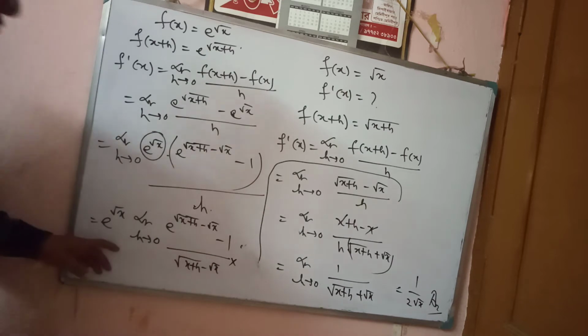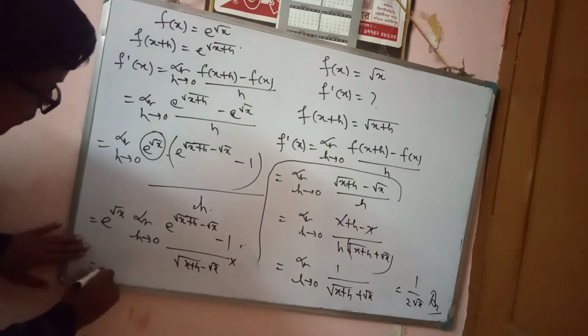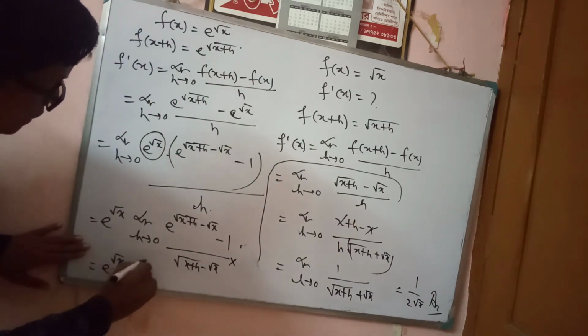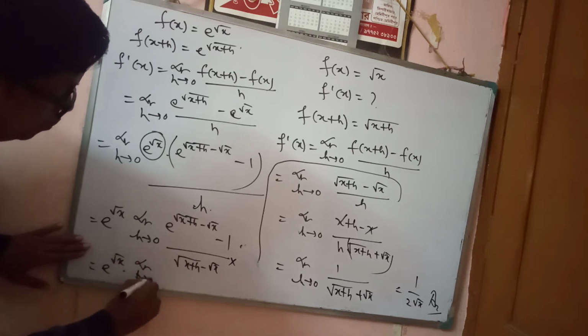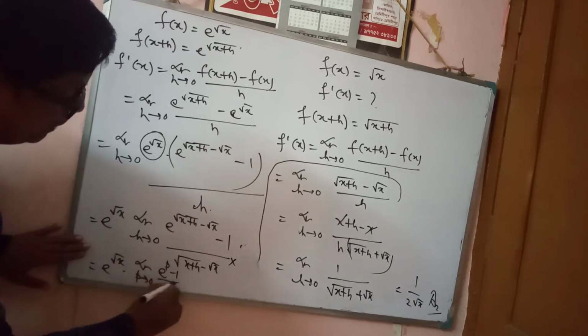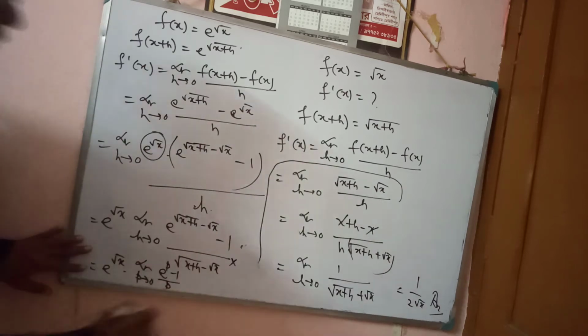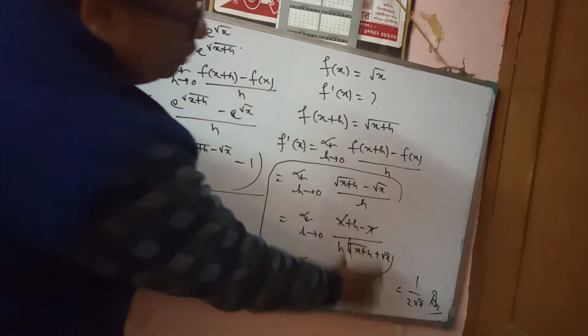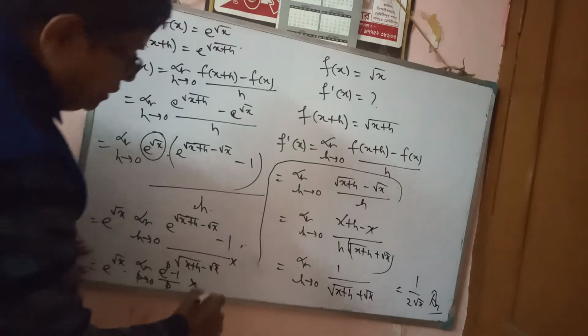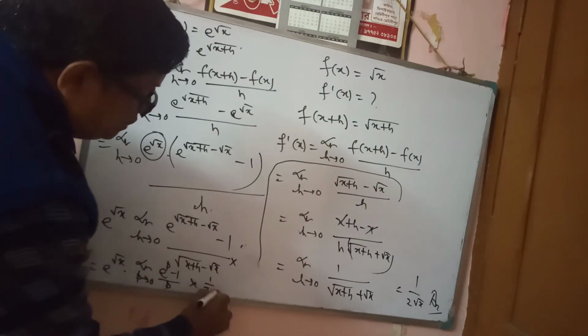So here e to the power root x, limit p tends to 0, e to the power p minus 1 by p, into, in a similar way, we will get this part 1 by 2 root x. So write 1 by 2 root x.